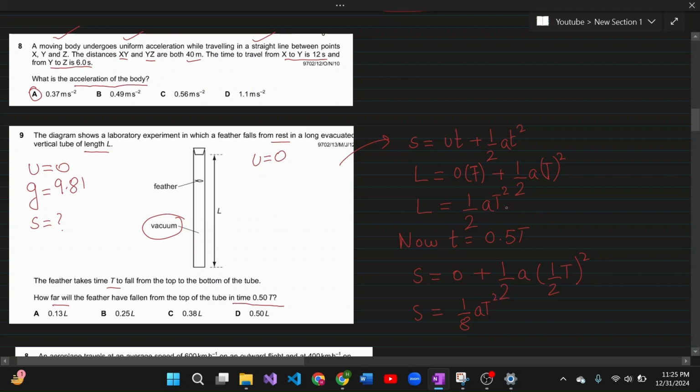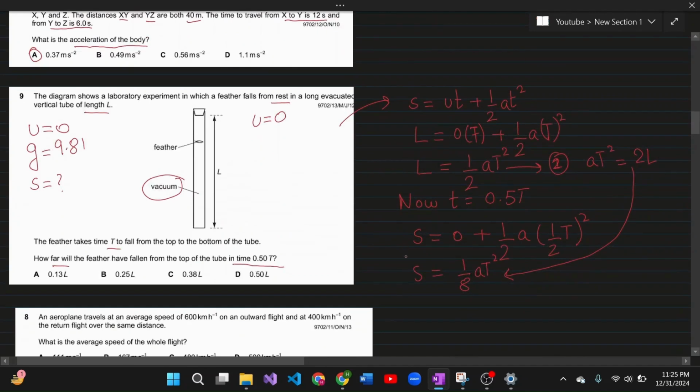Now from equation 1 we can see that a T square is equal to 2L, substituted here. So s would become 2L upon 8, 2 ones are 2, 4 twos are 8, and that would become 1 upon 4 of L. So B would be the correct answer.